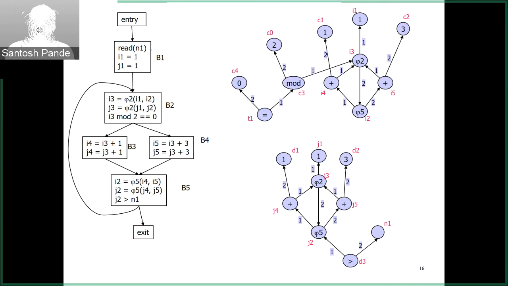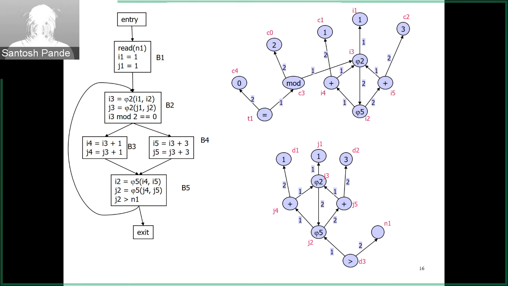So using whatever we discussed earlier, we form this particular value graph, and you can see that this has come out for getting all these I values, and then the bottom one is for the J values, which are getting synthesized again from these constants and so on.